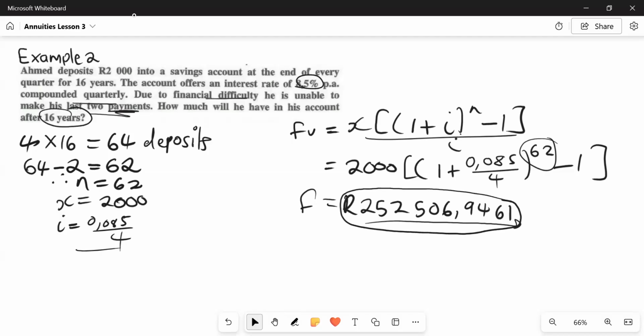I hope you understand that part. So with that being said, we can now use the formula. This is still the formula for a future value. So this will be our principal amount.